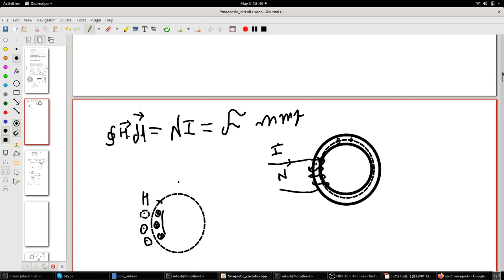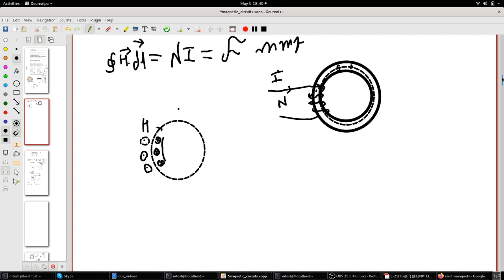Now I know that my psi, the flux, is given as B dot ds.